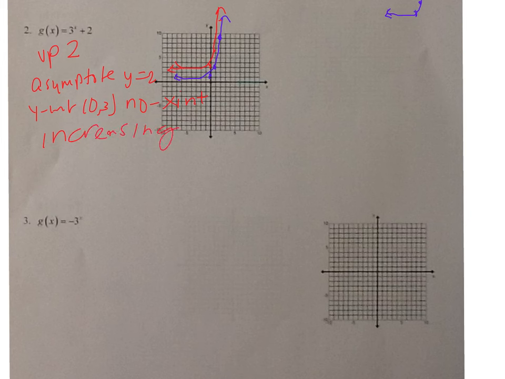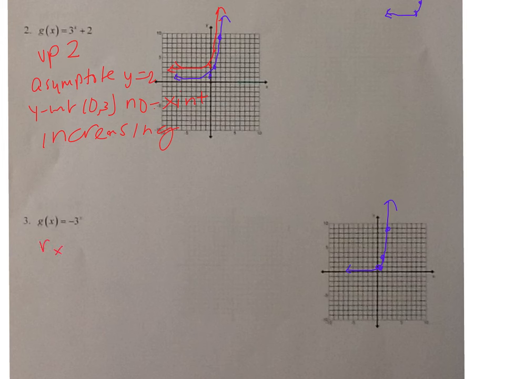Okay, number 3. Graph the parent function. So I have (0, 1), (1, 3), and (2, 9). Okay, draw your graph. Now I have here g of x equals negative 3 to the x power. That's a reflection over the x-axis because you are changing the y value.